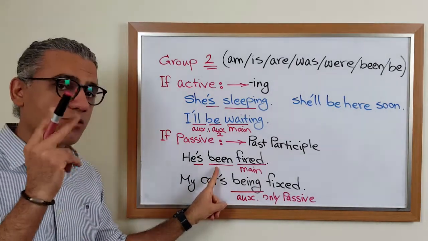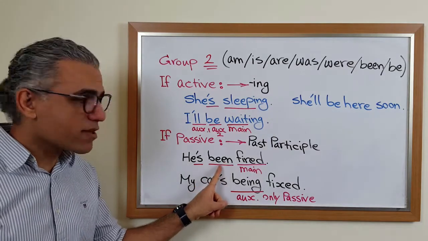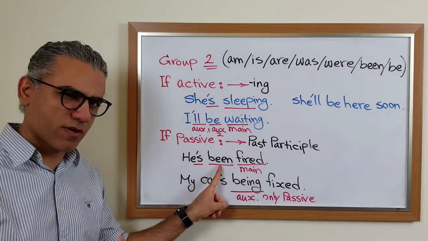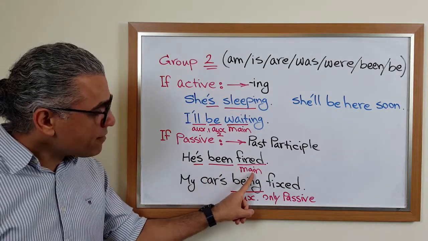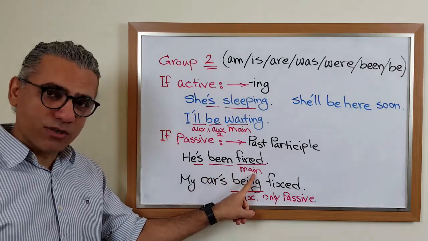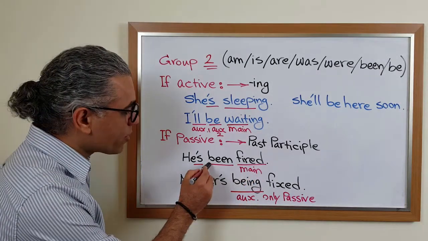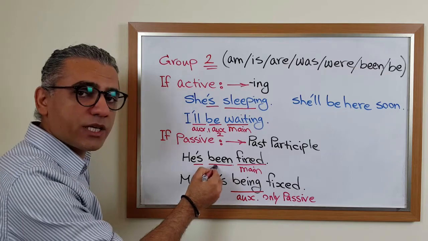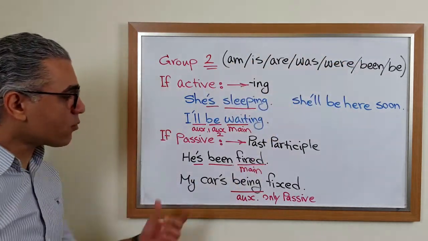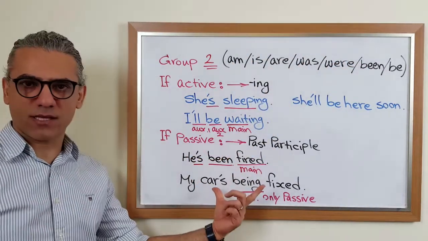This is our auxiliary verb 2. It must be in past participle form. Again, we'll talk about it in a minute. And our main verb is in past participle form again, because the preceding auxiliary verb is one of these, and our sentence is a passive sentence.